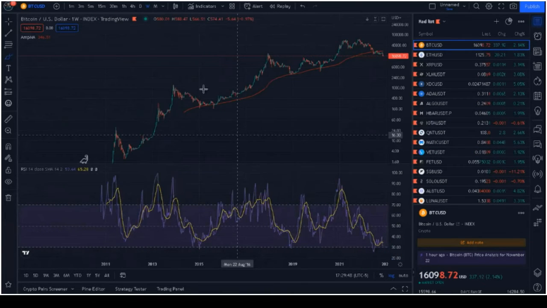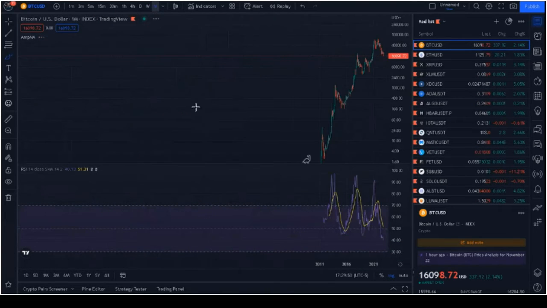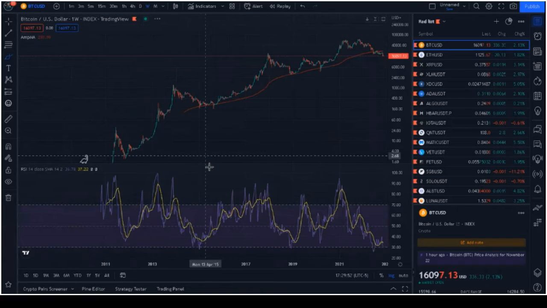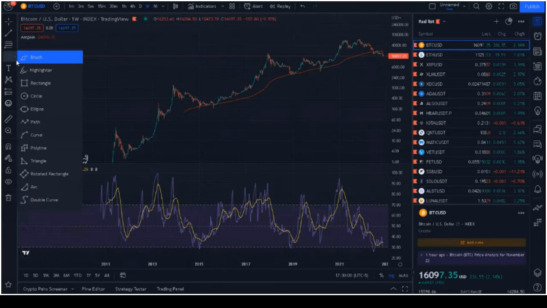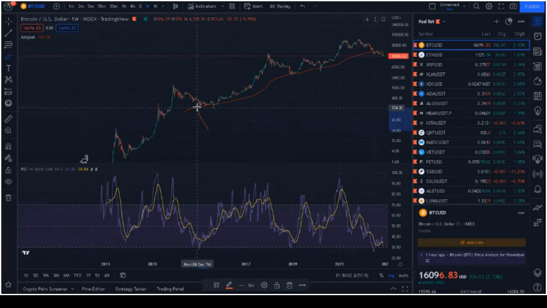So if we take a look on the weekly chart again, it just so happens that you can see this dip in the 200-week right here corresponds to this down here on the relative strength index.